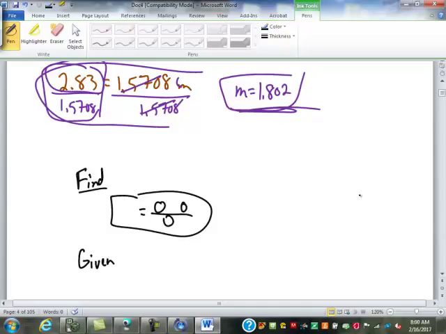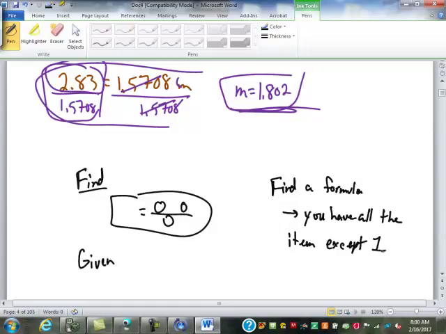The key is for any of these formulas, you've got to find a formula where you know everything except for one. Preferably the piece that's missing is the number in the front of the formula, so you just plug in the other numbers and do your order of operations.